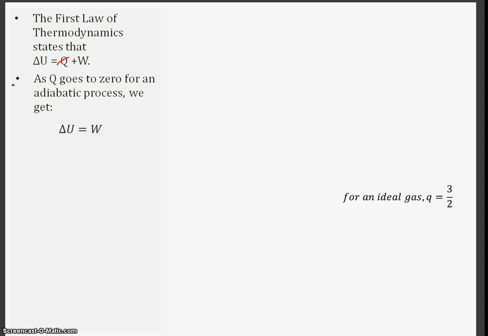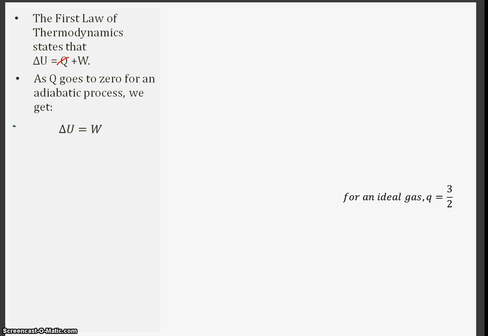The relationship between P and V in an adiabatic process is a little bit more complicated. By the way, ignore this for an ideal gas Q is equal to 3 halves. I don't know how this got here, but it's a problem with PowerPoint. At any rate, ignore that for the moment. We are going to be using that, but sooner than we get to that side of the page.